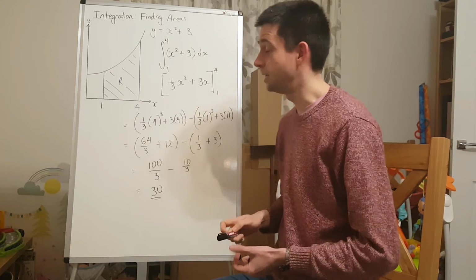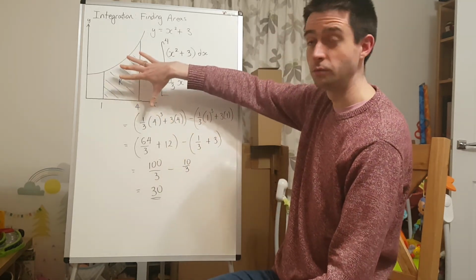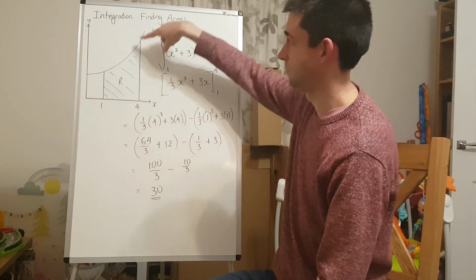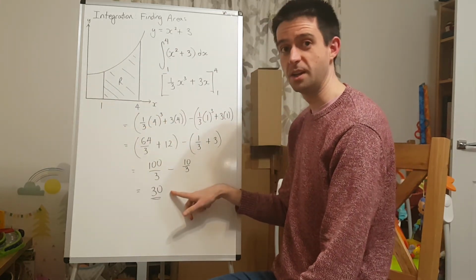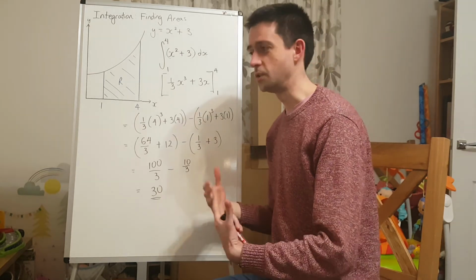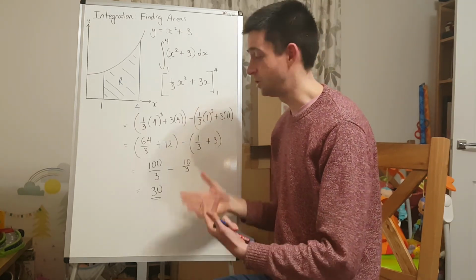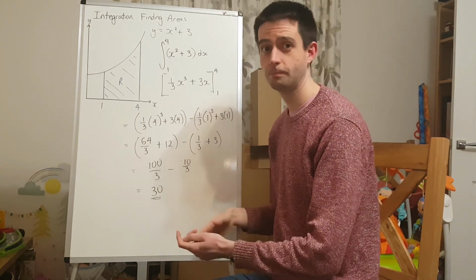So what I found there is that the area of this finite region R below the curve down to the x-axis between 1 and 4 is exactly 30. And it's just 30 units, it's not centimetres squared or anything like that, it's just the value 30.